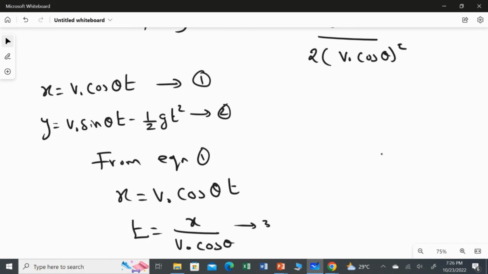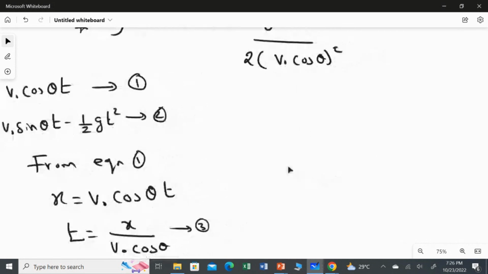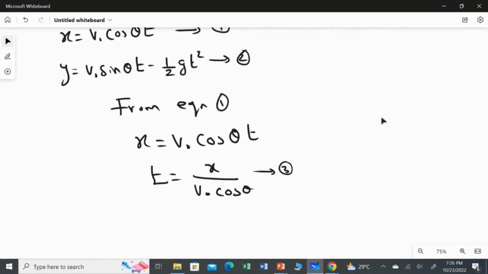So let's take this as our third equation. Now I'm going to substitute this third equation in the second equation.